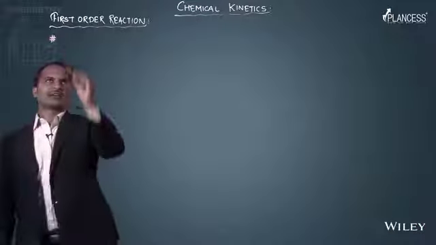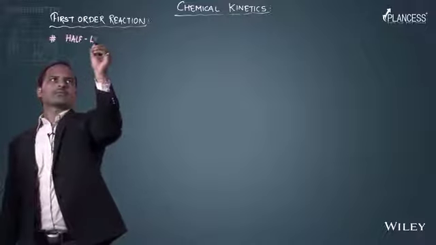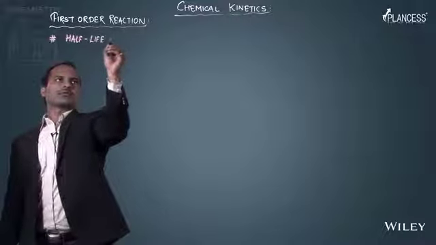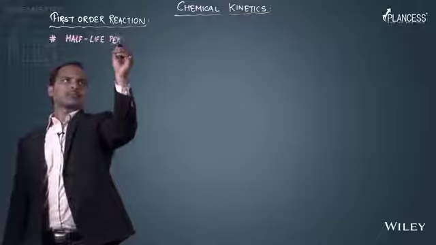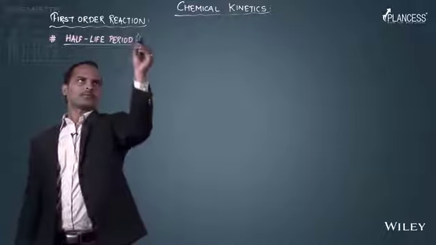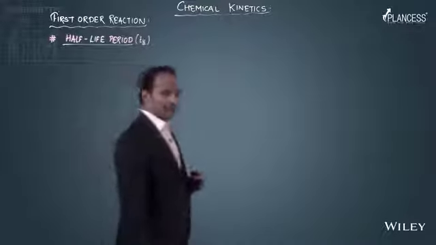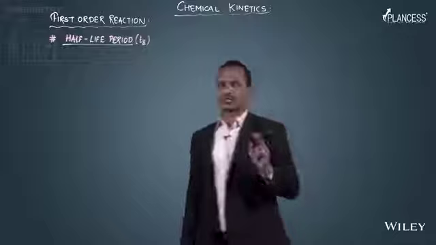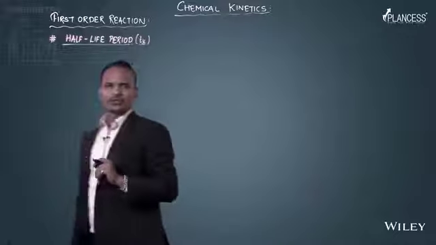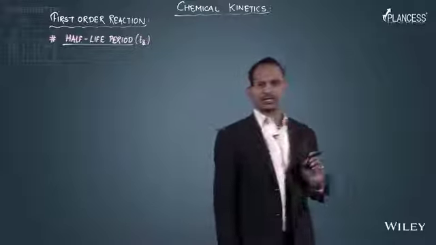kt. The next is the half-life period for the first order reaction. We did the half-life period for the zero order reaction, in which we got the formula t half is equal to A0 upon 2k. Now the next is the half-life period for the first order reaction.